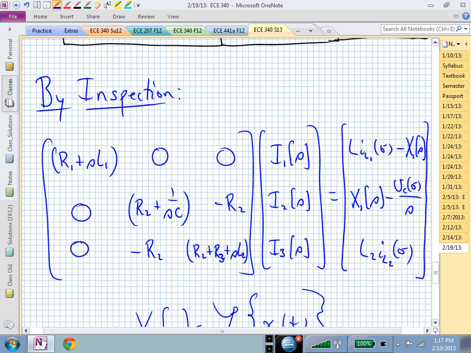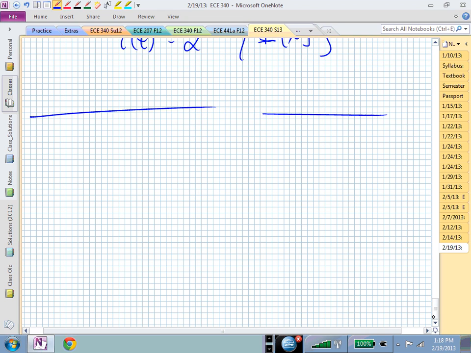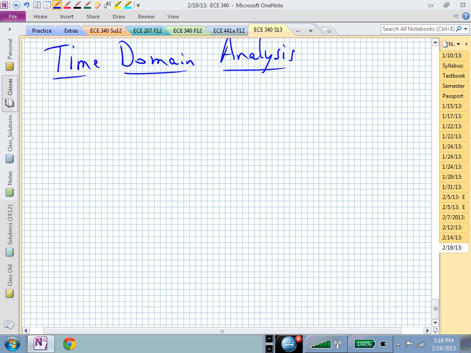So now maybe what we want to do is play in the time domain. Maybe your boss says, can you give me the differential equations, the governing dynamics of this system? Let's now solve this circuit in the time domain. We have the same circuit.